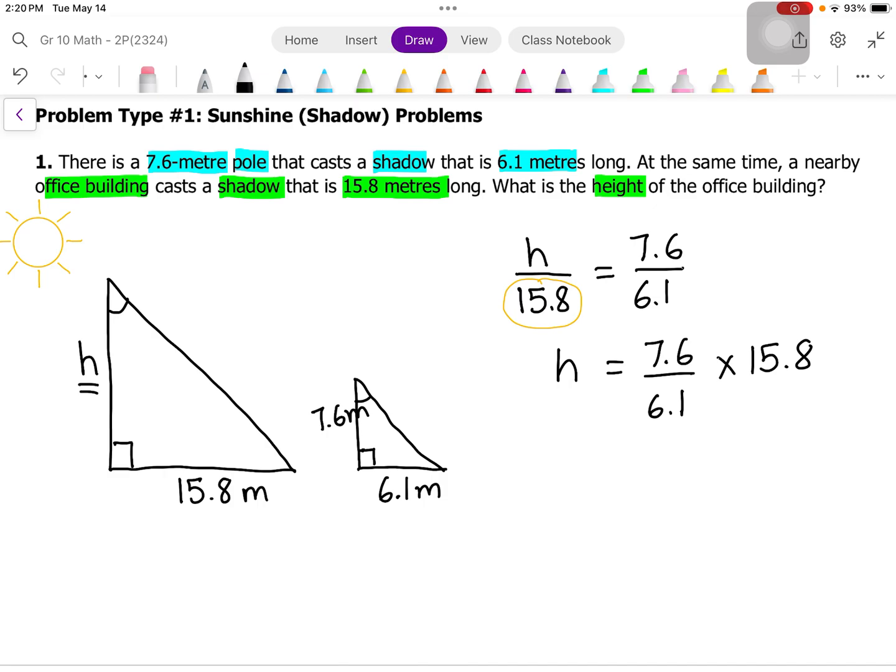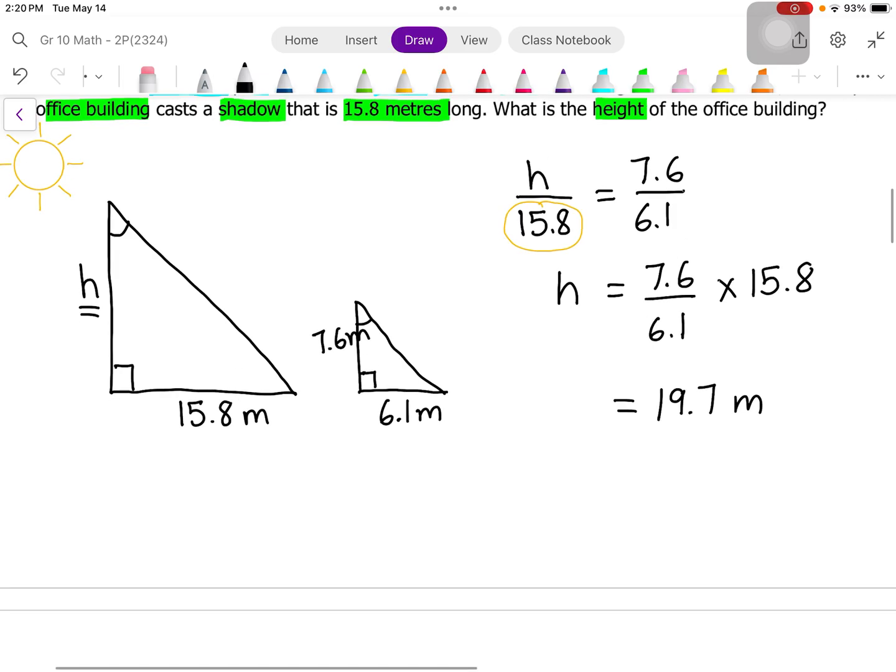Order of division and multiplication doesn't matter, so we're just going to plug this into the calculator now. So 7.6 times 15.8 divided by 6.1 equals, or 7.6 divided by 6.1 times 15.8, and that is 19.7 meters.